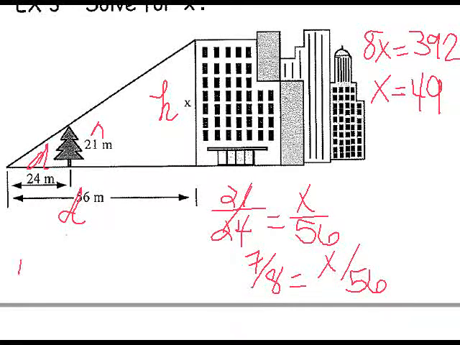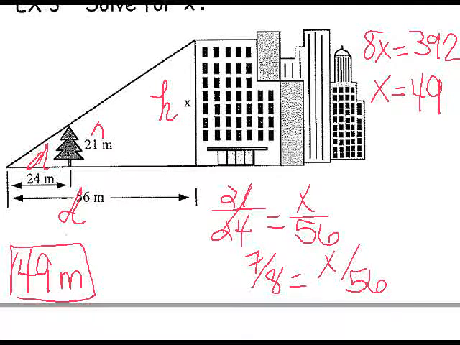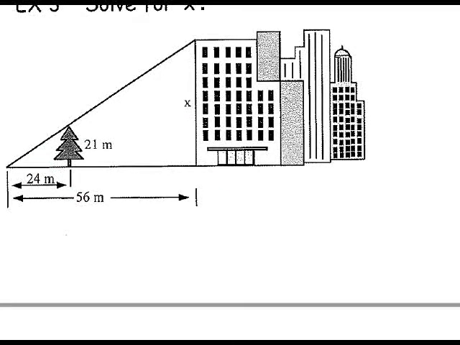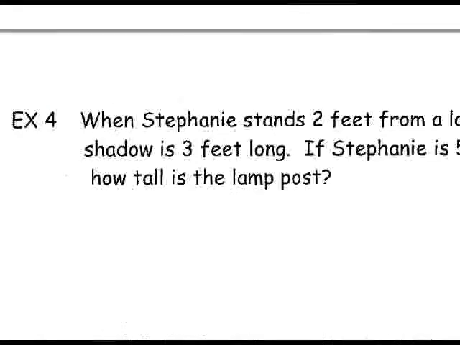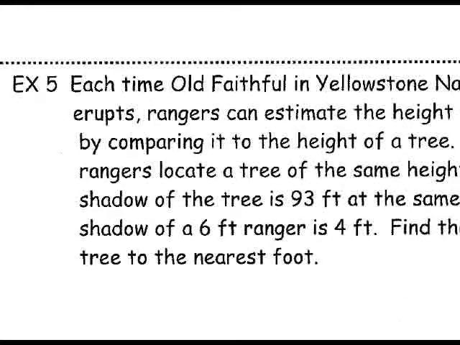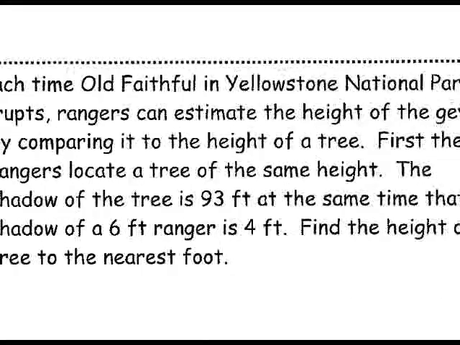The building is 49 meters. The height of that building is 49 meters. Erase that. I may eventually get good at this. Not promising. All right, here's one where we get to draw.